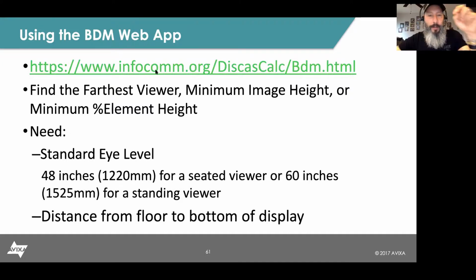We haven't created a place in the settings where you can flip to metric yet, but that's in the plans.